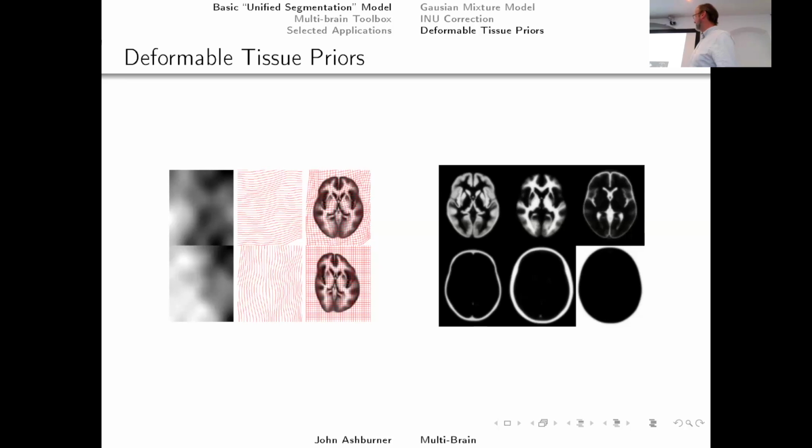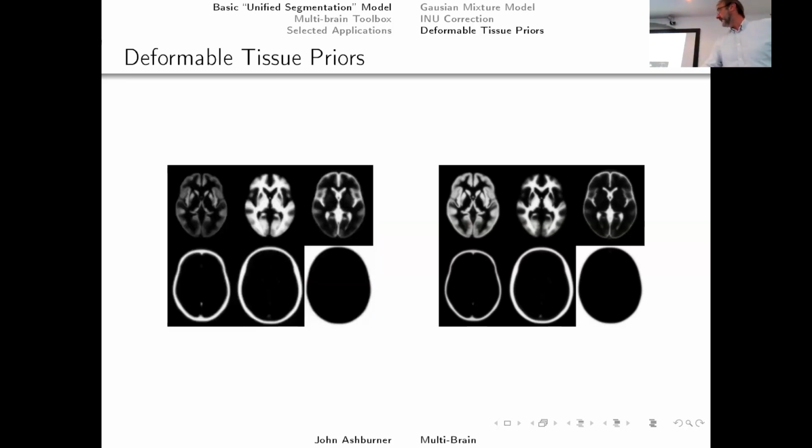We parameterize our deformations as displacements. In the old unified segmentation, we parameterize them as displacements in X, Y, and Z, which gives us this deformed mesh that we can overlay on the tissue prior. If you straighten up the mesh, then we get a deformed version of the tissue priors that get overlaid.